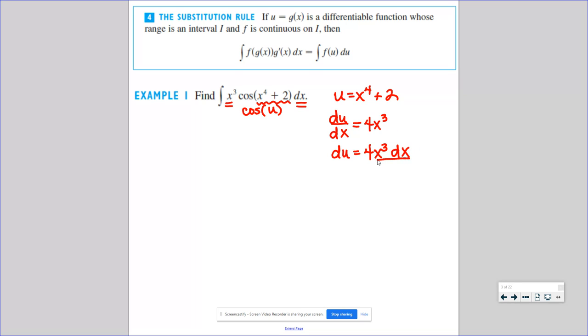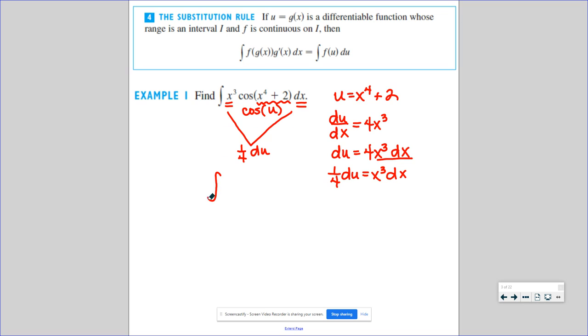So I have x to the third dx right here. I just don't need this 4. So I'm going to multiply by 1/4 or divide by 4, basically to move it to the other side of the equation. So this now gives me something that I can plug in for x to the third dx. I'm going to plug in 1/4 du in place of x to the third dx.